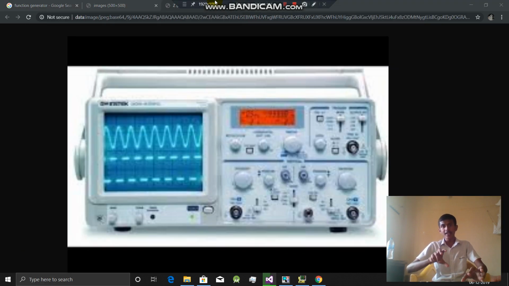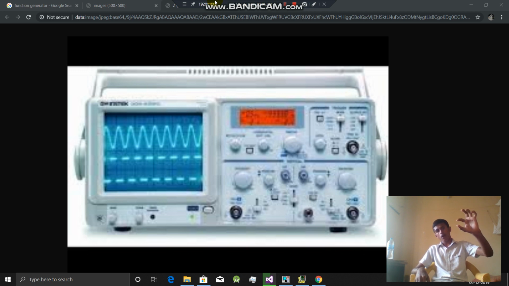Here there are two knobs: voltage per division and time per division. We need to set the voltage per division knob, for example 2 volt per division. Then in the CRO waveform one division is 2 volt.